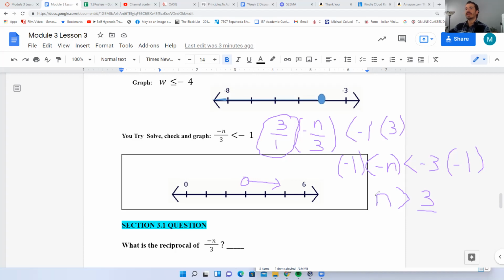To do that, you need to pick a number that's to the right of it if it's greater than, or to the left of it if it's less than. So I'm going to choose the number 6 because it's not going to give me a fraction when I plug it into the original. So I have -n, I'm going to put in a 6 there, divided by 3 is less than -1.